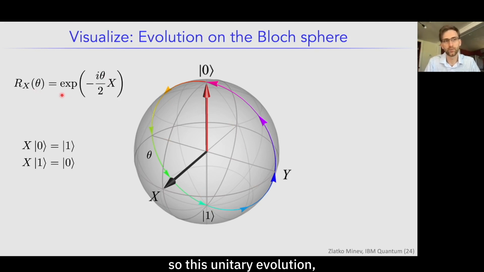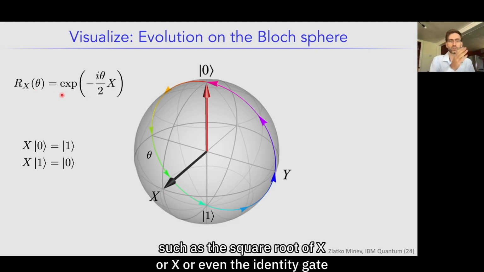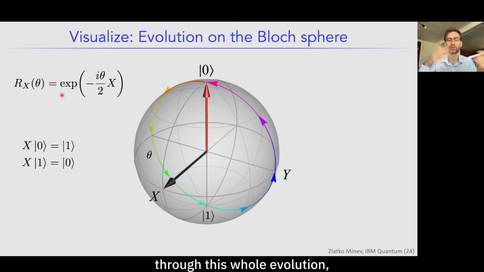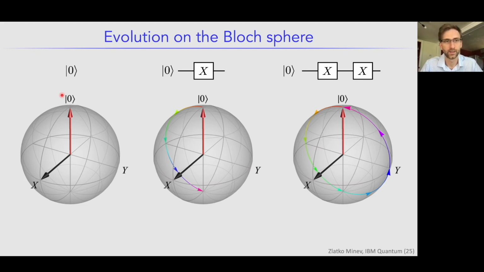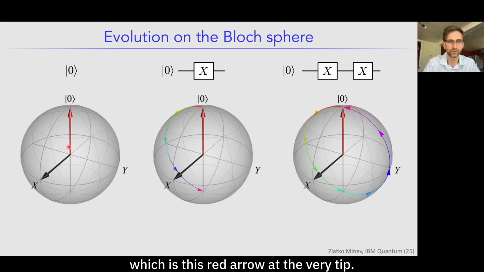So this unitary evolution for different angles theta or for different times allows you to implement different gates, such as the square root of X, or even the identity gate through this whole evolution. So with that in mind, the actual evolution of our algorithm looks like the following. We initially prepare and start the state in ket 0, which is this red arrow at the very tip.